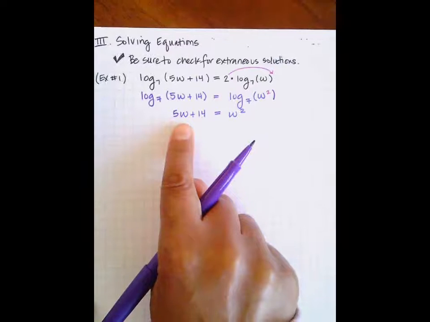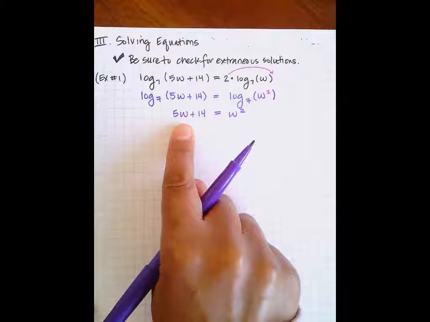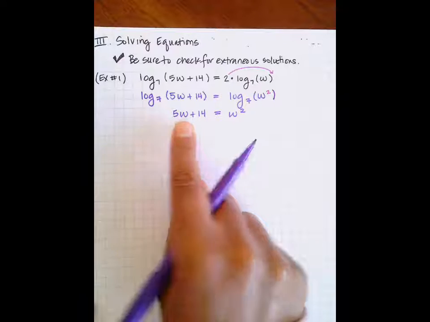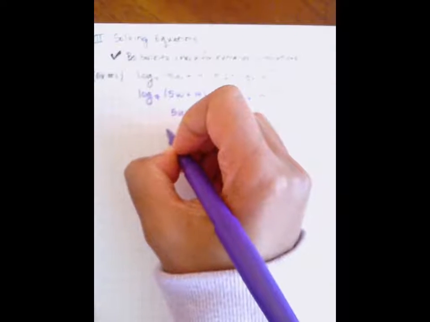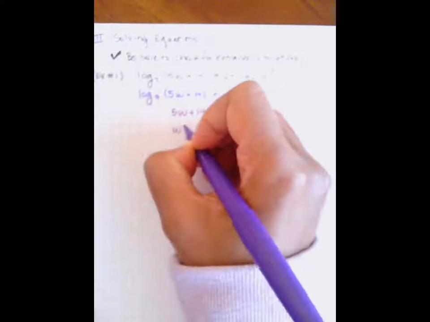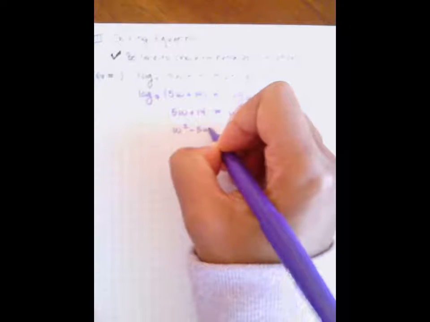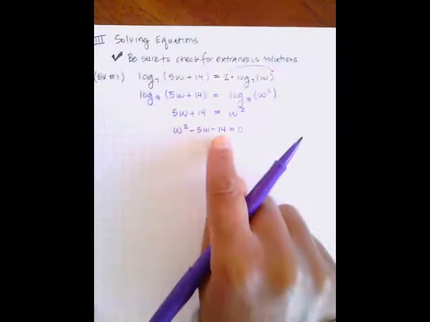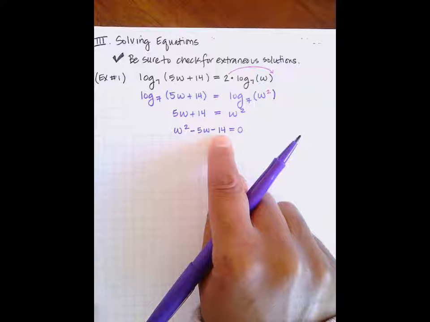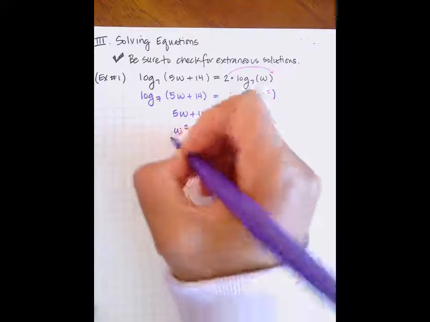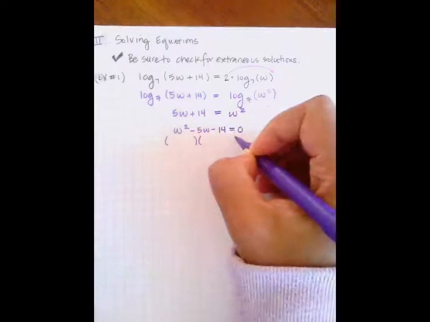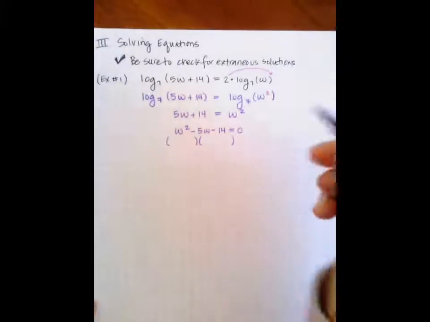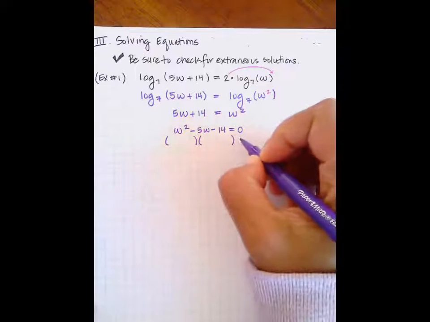I'm going to make sure it equals 0 so that I could use factoring, or potentially the quadratic formula. Moving everything to one side, this is w squared minus 5w minus 14 equals 0. This is factorable because 14 has factors of 2 and 7, and if the 7 is negative, that will allow us to add to negative 5 yet multiply to negative 14.